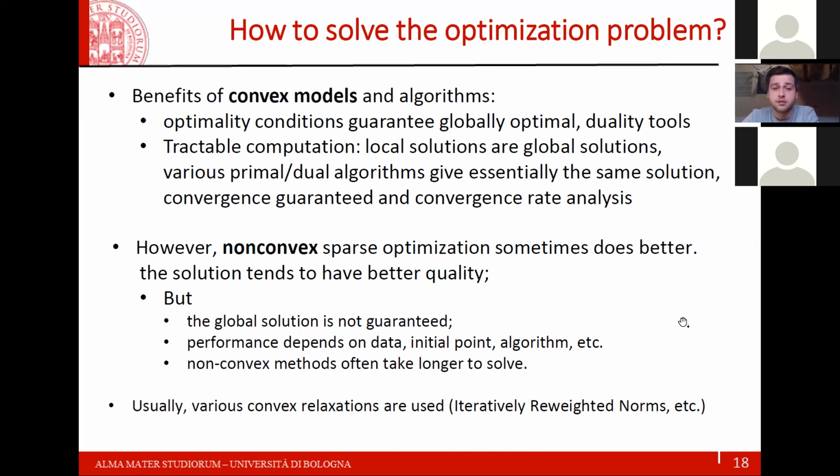However, non-convex sparse optimization usually does better in terms of the quality of the reconstruction. Usually, iteratively reweighted norms are used in the case of non-convex optimization, which is still a convexification of the model.